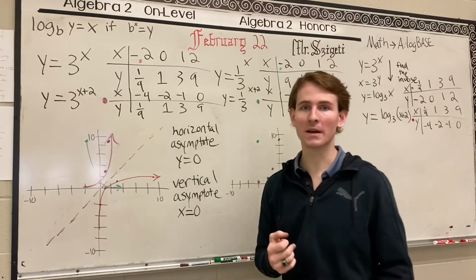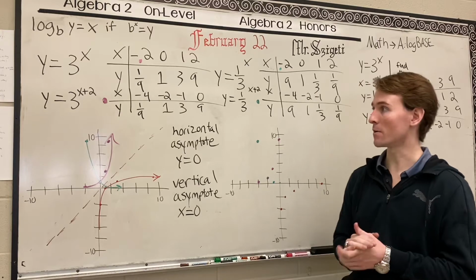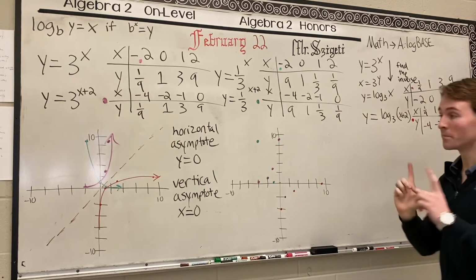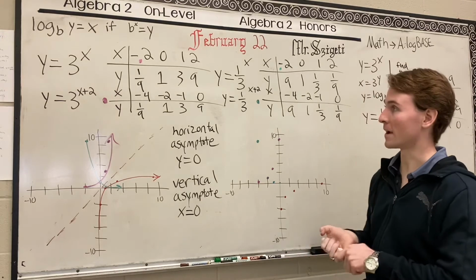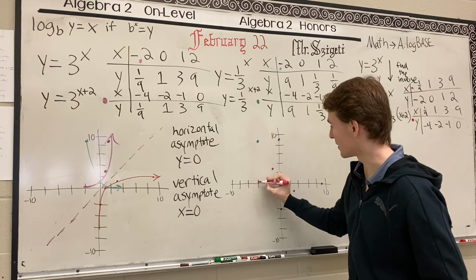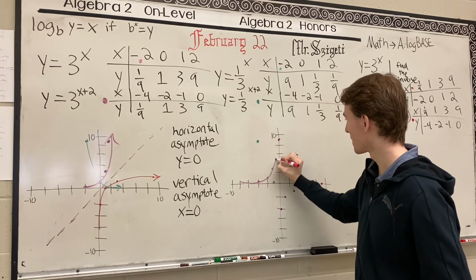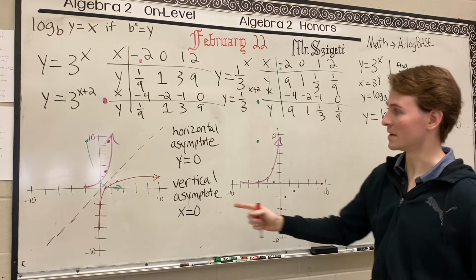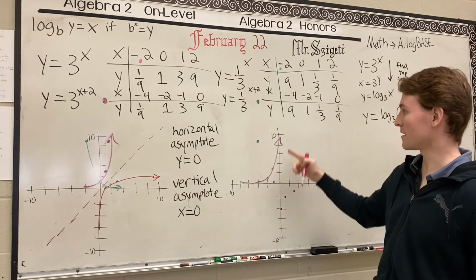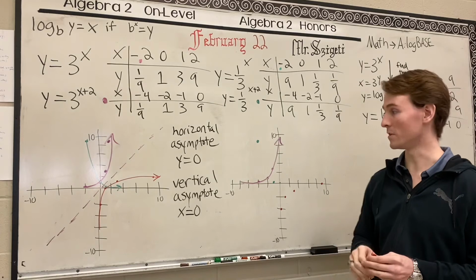All right, let's look at how this compares. We've got some transformations here. These graphs are now going to be translated 2 units to the left. So my first one here, my exponential function y equals 3 to the x plus 2, is going to look something like this. Notice this time, instead of it being at 2, 9, it's actually going to be at 0, 9. It moved over 2 units.